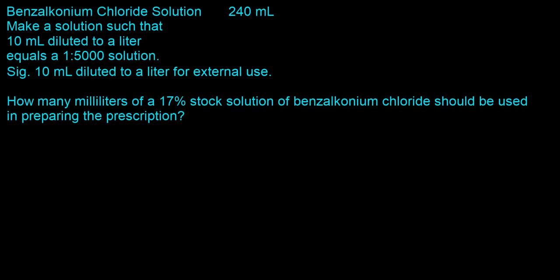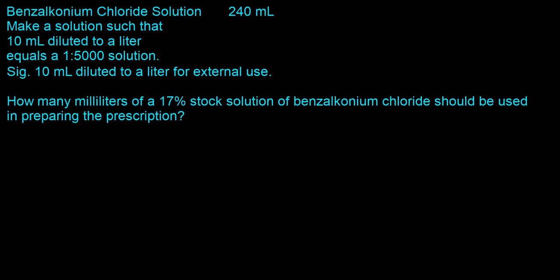Here, the question is framed in such a way that you have some preamble, and the first thing we have is benzalkonium chloride solution. You have 240 milliliters of that, and you're supposed to make a solution such that if you take 10 milliliters and you dilute to a liter, you end up with a concentration of 1:5,000 in the solution.